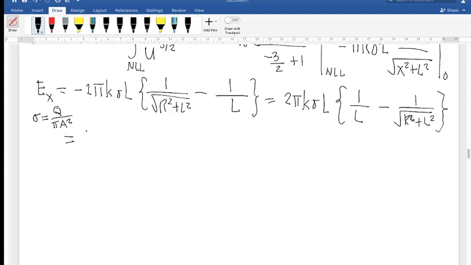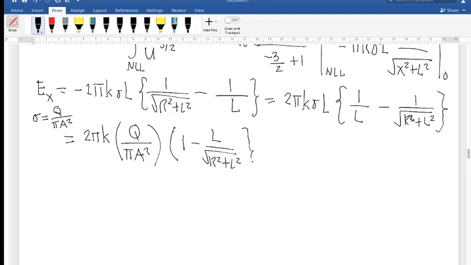Okay, so we have here 2 pi k, tapos yung sigma mo is Q over pi a square, tapos we have to distribute L sa sulod, so what's left is 1 minus L over the square root of R squared plus L squared. Okay, so here cancel pi, so what's left is equal to 2kq over a squared.